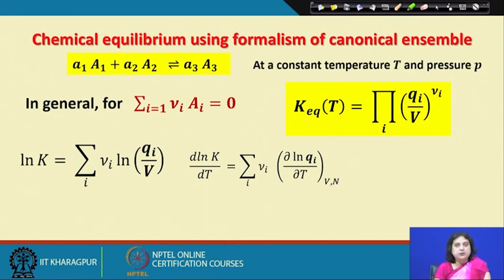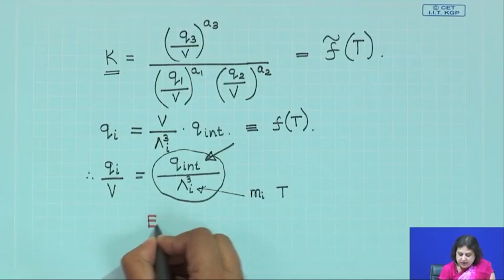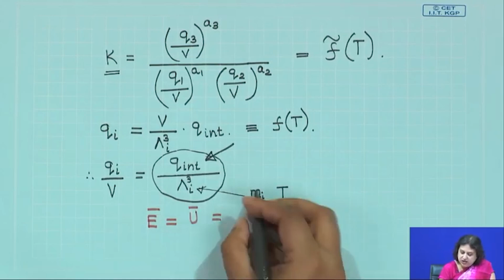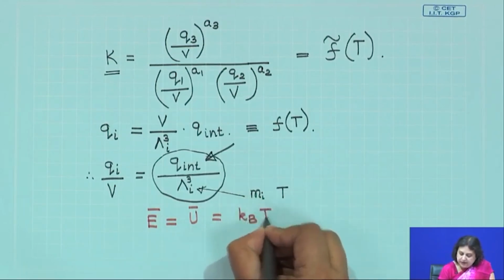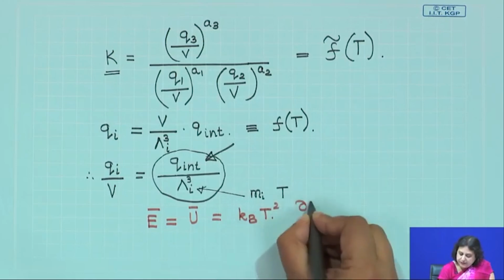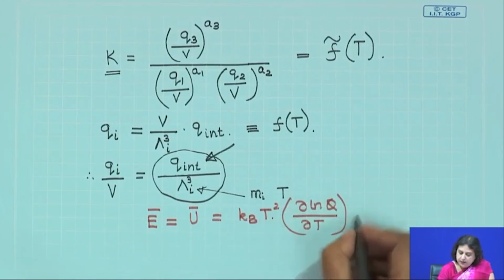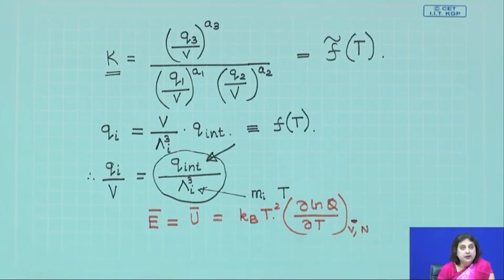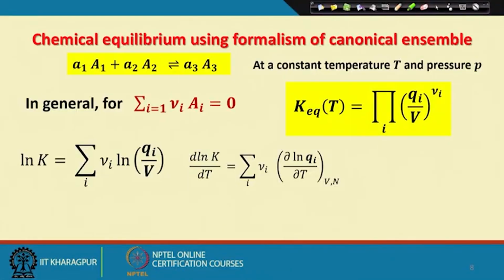Now, as you would remember from the formalism, the average energy E or the internal energy is in general given in terms of the ln q derivative with respect to temperature as ∂ln q/∂T, keeping constant volume and number of particles. Here we have something very similar.